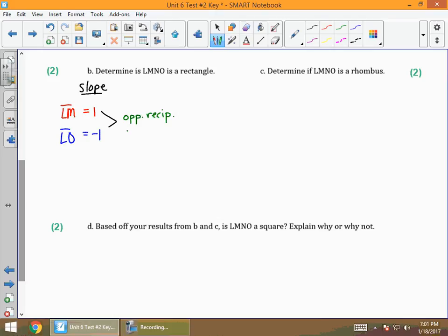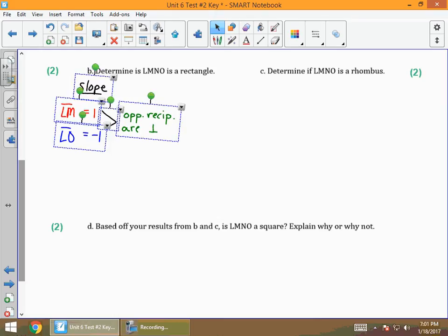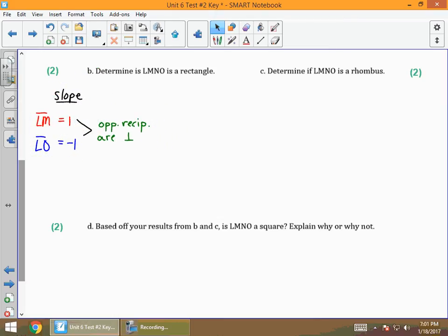So these are perpendicular. So these things are perpendicular, which is really, really handy for me. That means a lot, because if these things are perpendicular, then the question, is this a rectangle?